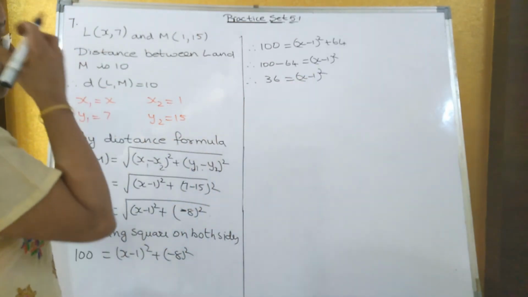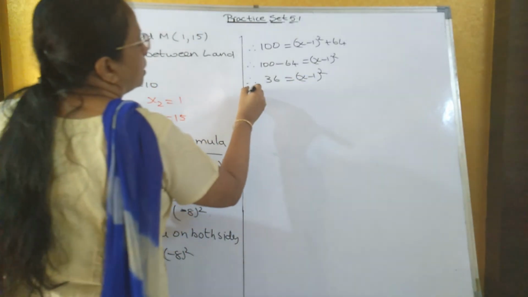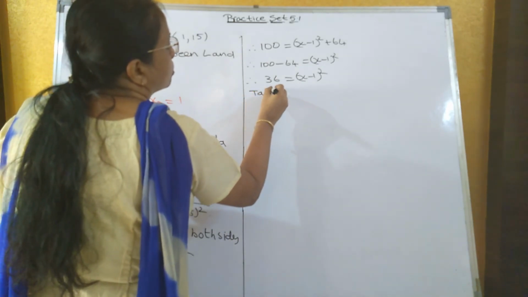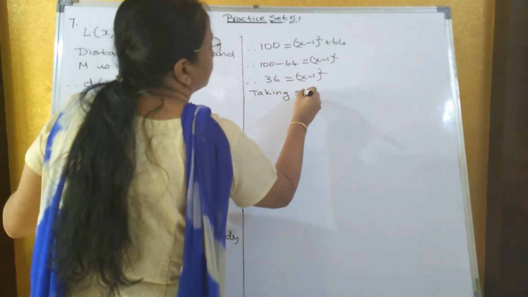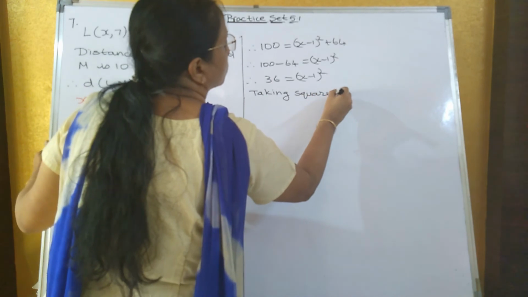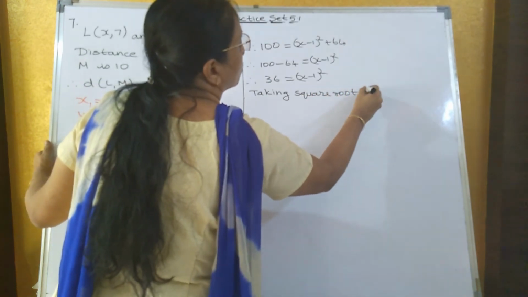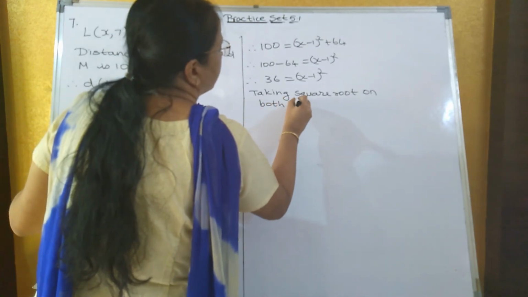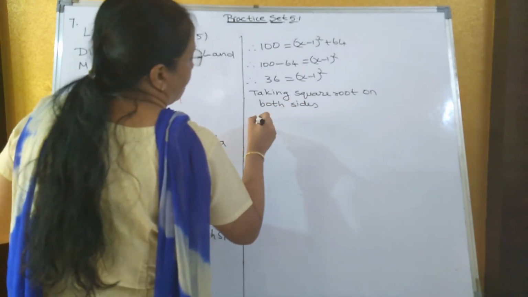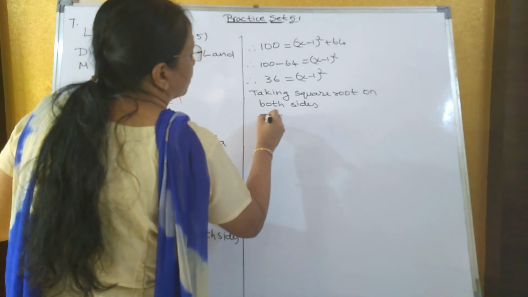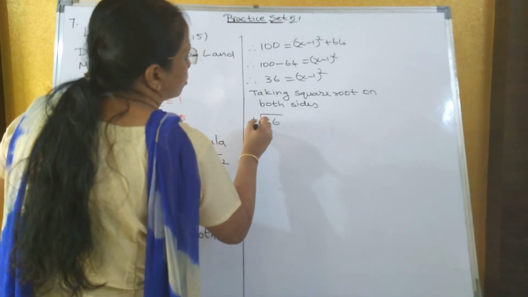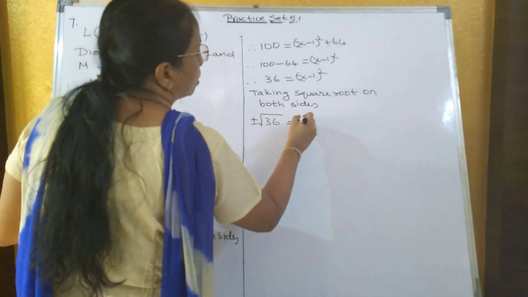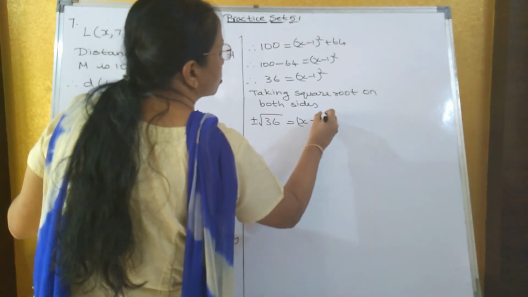Now taking square root on both sides, what we will get? Root of 36, we are taking square root, so it will become plus minus, is equal to x minus 1 the whole square root.